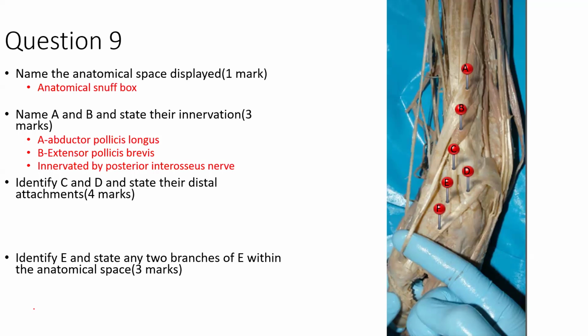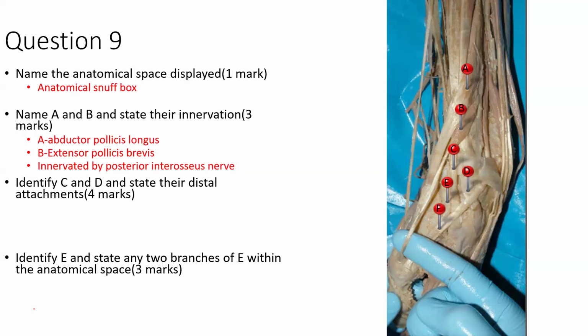You need to know structures within the anatomical snuff box and how they traverse that snuff box. I can see the majority have decided it is longus. What about D? What is D?